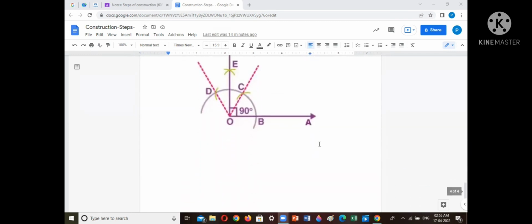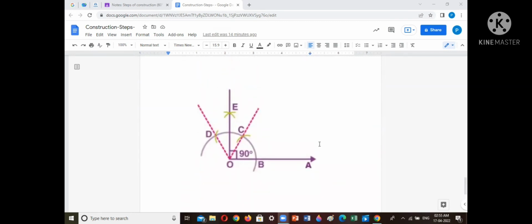So here we have got the 90-degree angle. So here is the diagram of the 90-degree angle. Now let me brief it in short. Constructing this line is our step 1. After step 1, to make this arc and name this point as point B is our step 2.